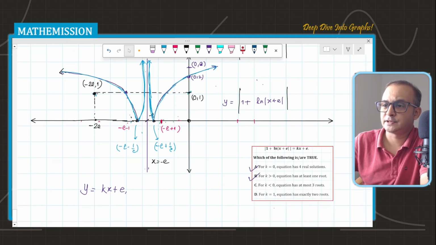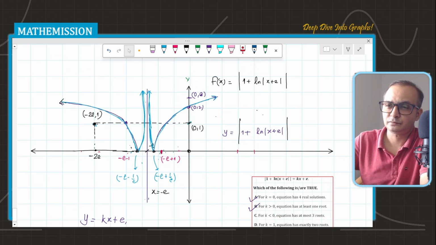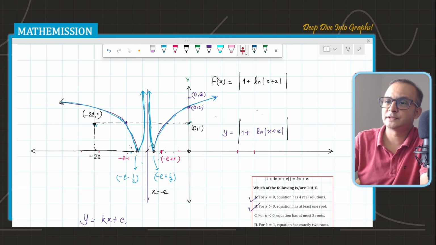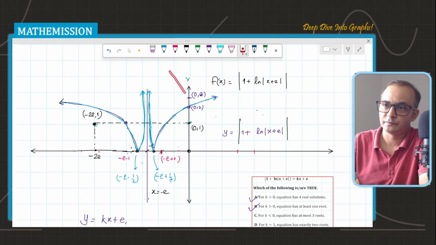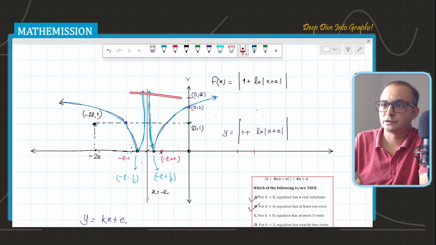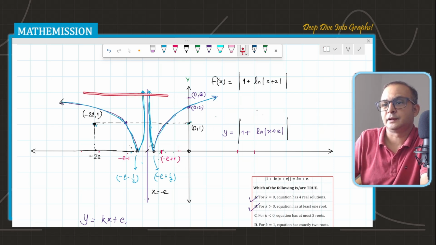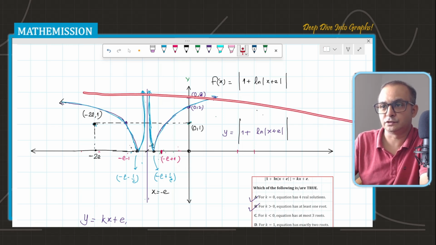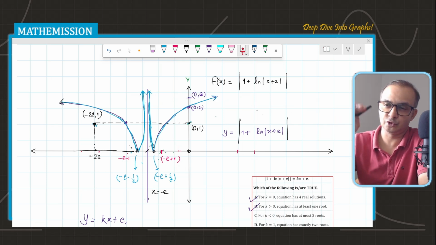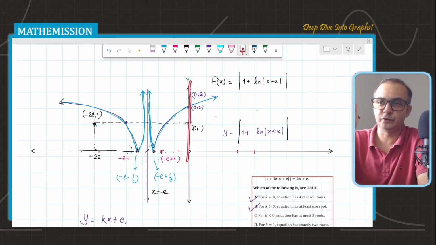The C part is, for k less than 0, equation has at most 3 roots. Less than 0, it means now we are drawing the line passing through 0 comma e, and it will look like this. So maybe we can also draw a line like this or like this, but not horizontal, otherwise the slope is 0, and also not vertical, otherwise the slope will become infinity.